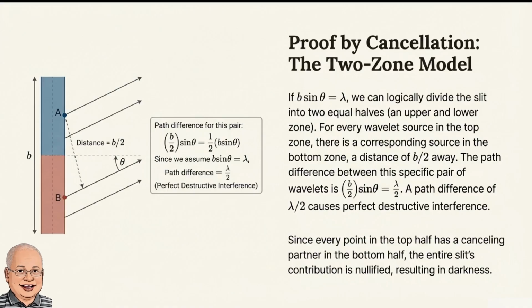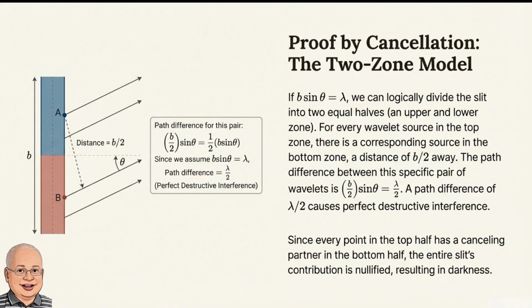Because we have divided it at the center. The total slit length is b, and the center is b by 2. If you are at the topmost point of the blue half, then the bottommost point of the blue half, which coincides with the topmost point of the orange half, is at a distance b by 2. Then you come from there down below, and gradually everywhere you will get a point in the orange half at a distance b by 2.